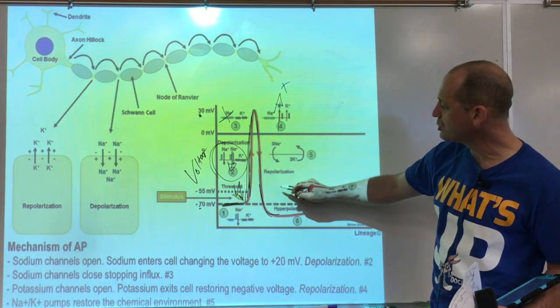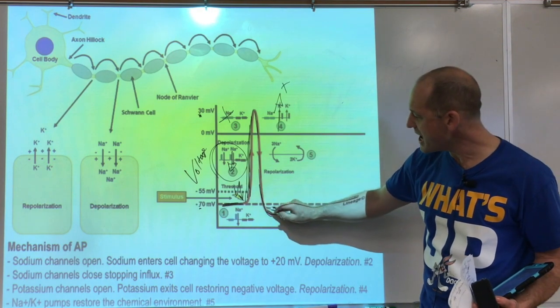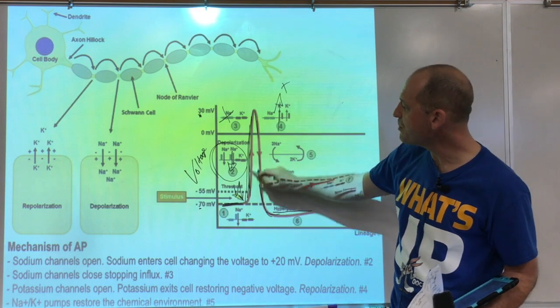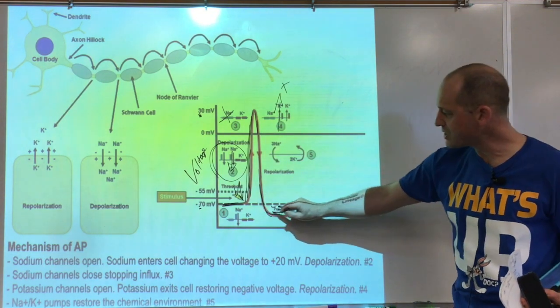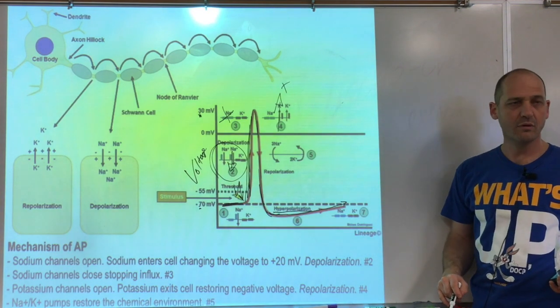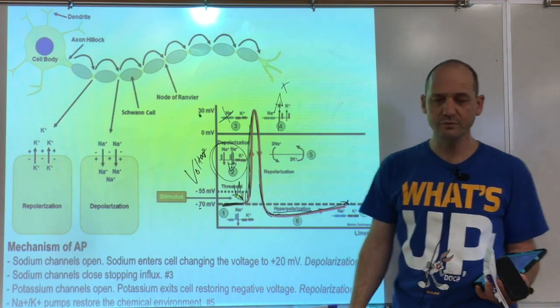That's because those channels are slow to close. So it's almost like we hyperpolarize. We depolarize, we repolarize, and then we hyperpolarize. And then it slowly evens itself out with the sodium-potassium pump, and at that point we can fire again with a new stimulus.